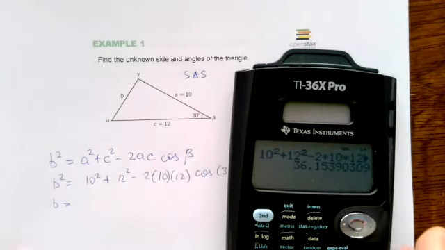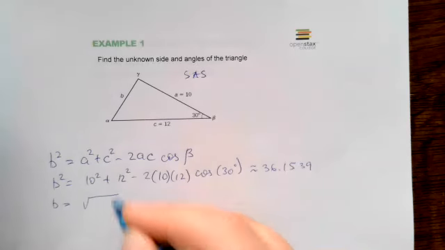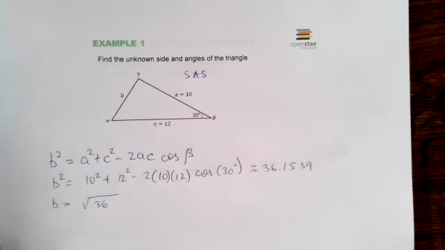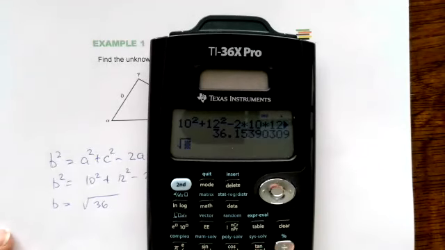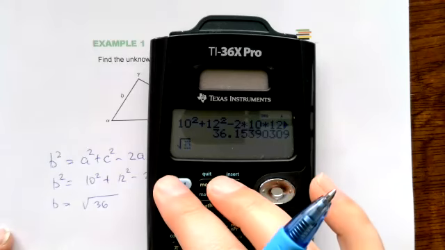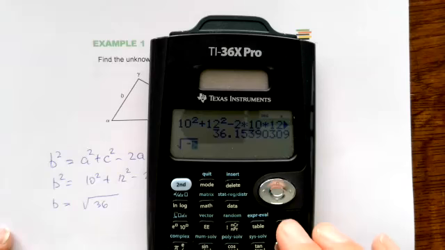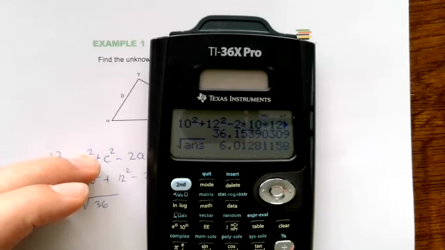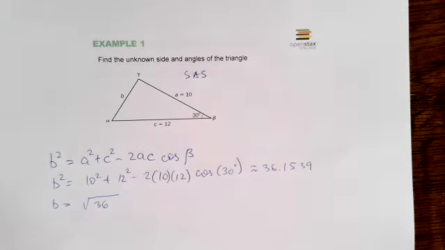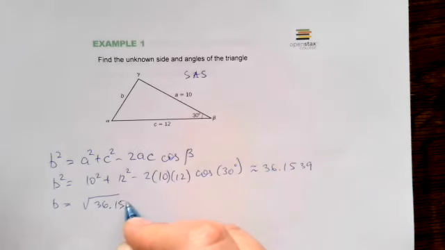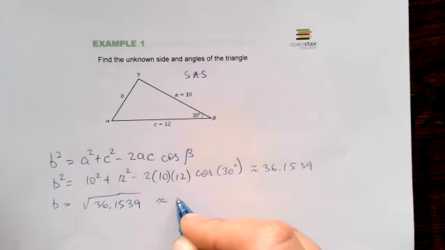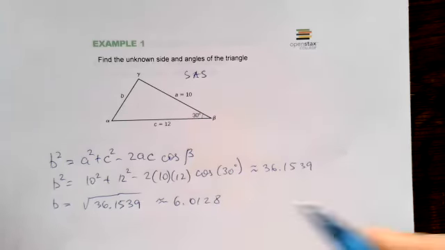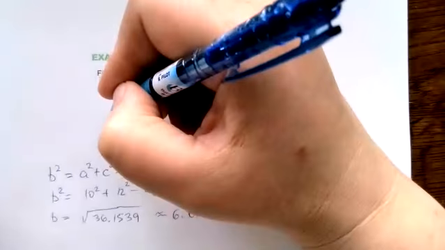So in order to find B, I need to unsquare this value, taking the square root of the answer. I get 6.0128. So 36.1539 becomes approximately 6.0128.